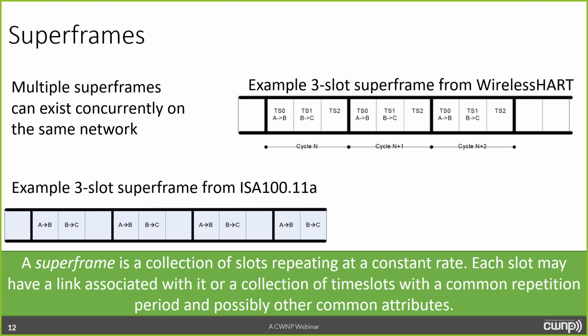Then A communicates with B in time slot 0 in the next frame, or slot rather, and then in time slot 1, B communicates with C, and then in time slot 2 it's unassigned. Now those unassigned don't mean they won't be used, it just means that they're not restrained for use to those assigned devices. Okay, and so you can see then that there's a lot of similarity between the way the two define this. Now it is important to know a couple of things.